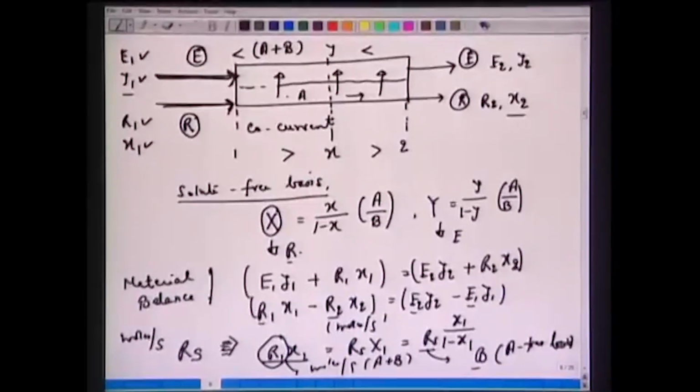One should understand that Rs or Es will remain the same because it's only A which diffuses. B does not diffuse across the interface. So the moles per second or kg per second of B will remain the same here and here. So Rs and Es will be conserved in both the phases, right?